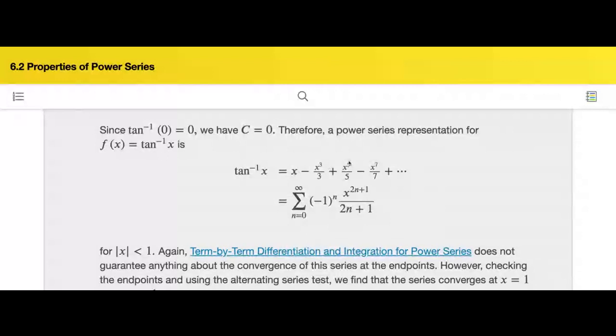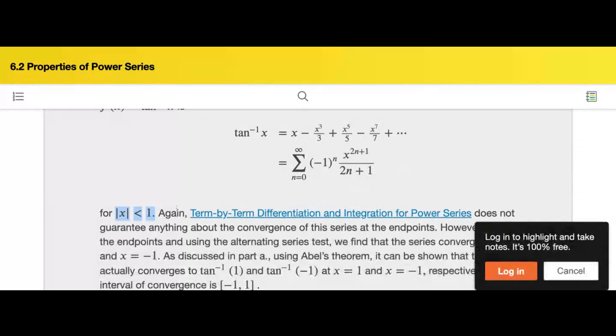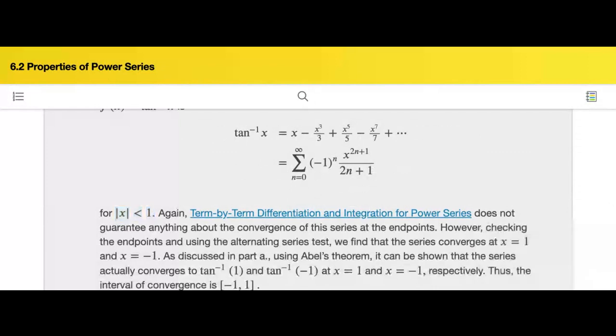The increase is by 2. So we have x to the 2n plus 1. The denominator is the same as the exponent, so divided by 2n plus 1. Of course, we have the condition for the ratio, the absolute value of x less than 1. So the interval of convergence is from negative 1 to 1 with open parentheses.